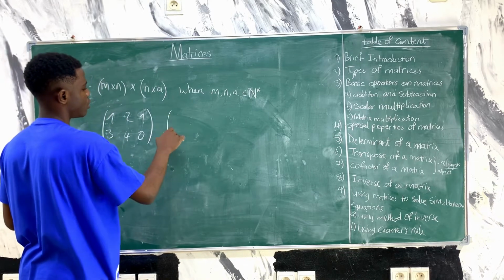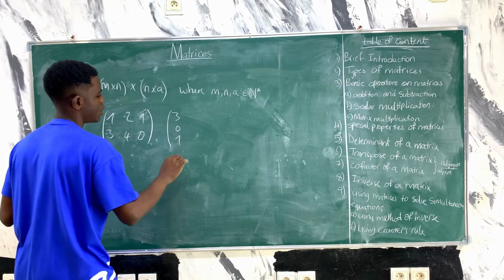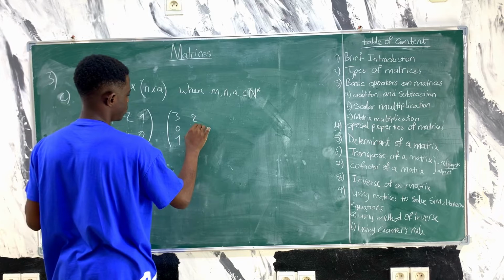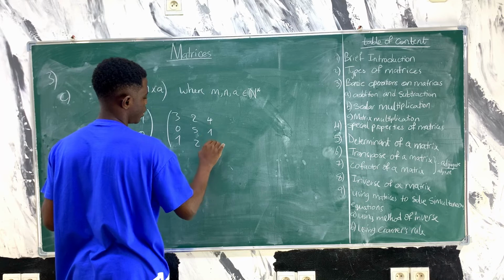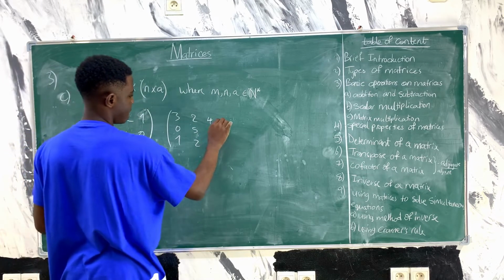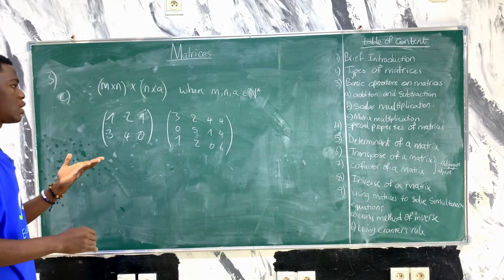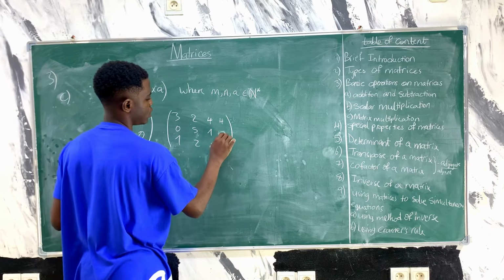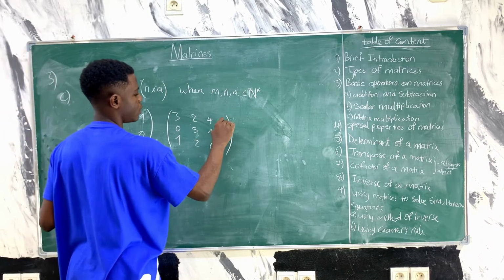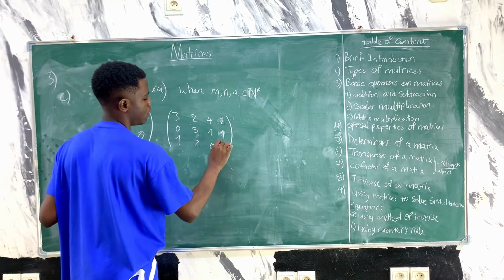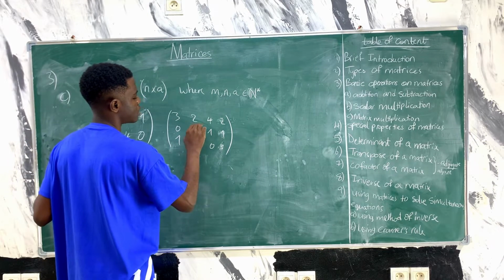So if you want to multiply it, you need something that has 3 rows. Let's have 3, 0, 1, 2, 5, 2, 4, 1, 0, 4, 4, 6, 2, 1, 6. I don't want big numbers.